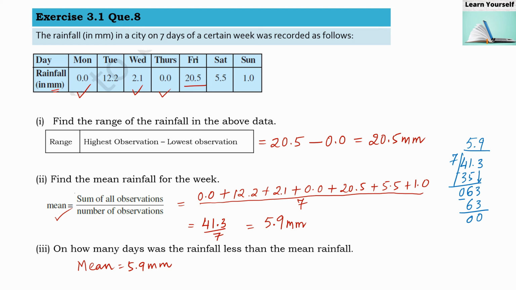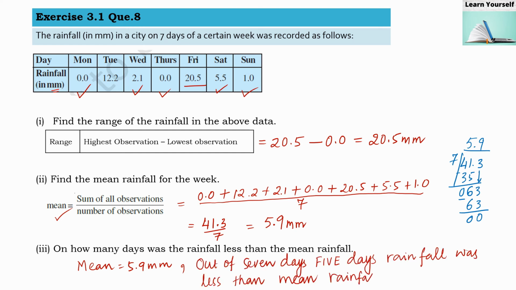Friday, no, it was very high. Saturday, yes, and Sunday also it was less. So total 5 observations where the rainfall was lesser than the mean. So out of 7 days, 5 days rainfall was less than mean rainfall.